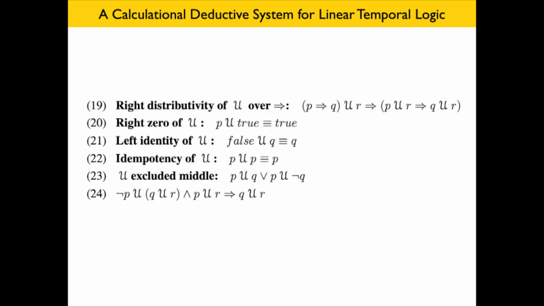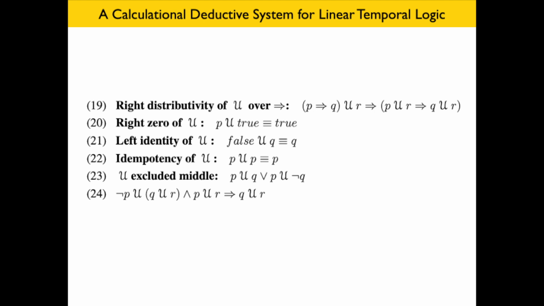This next slide shows 6 more theorems. The right distributivity of until over implies, which is similar to the distributivity laws for until over conjunction and disjunction. We have the right zero of until, where P until true equals true.